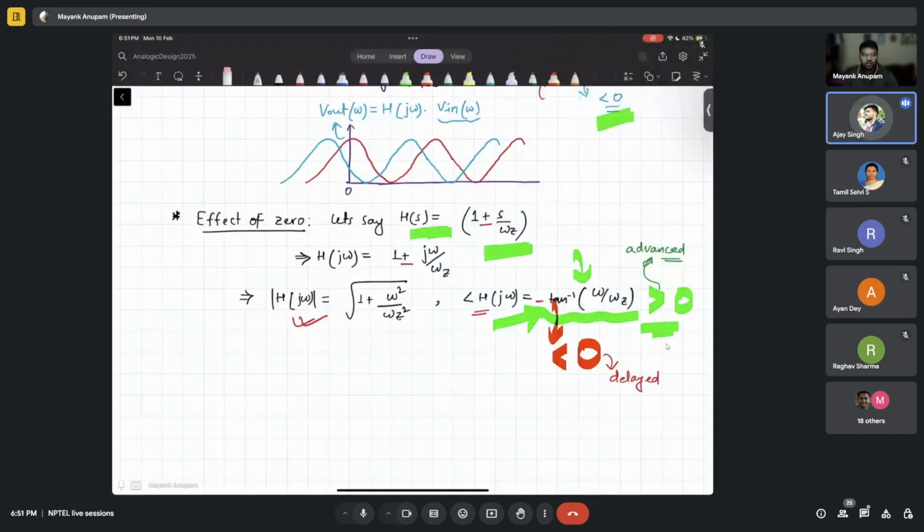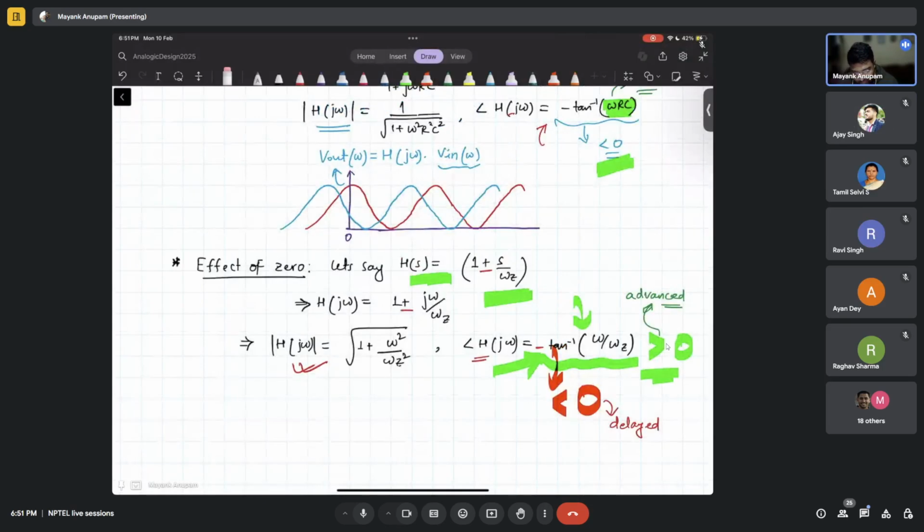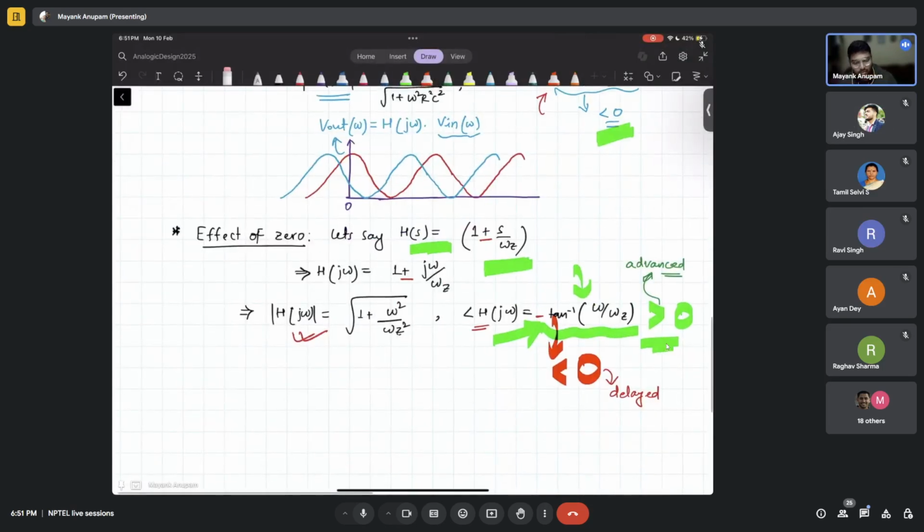Such systems will not exist. But there will be systems where there will be zeros. So how will the system have zeros? Definitely, it is not possible to have systems which have only zeros, right?